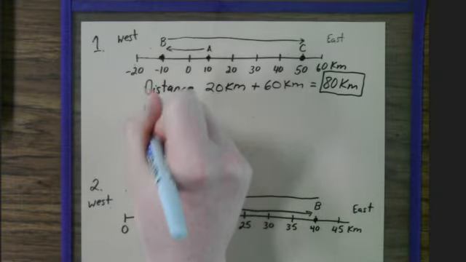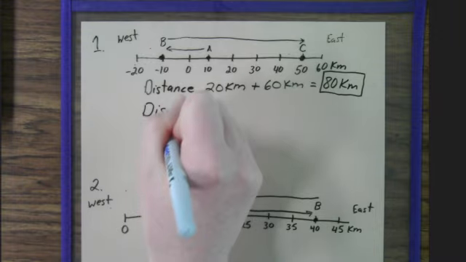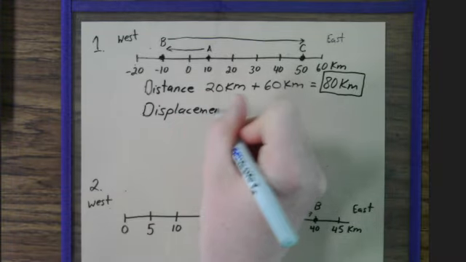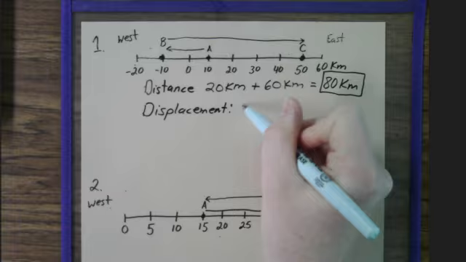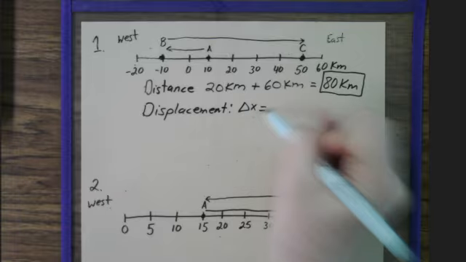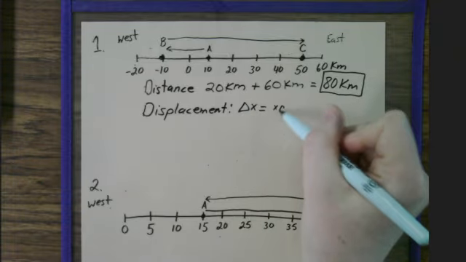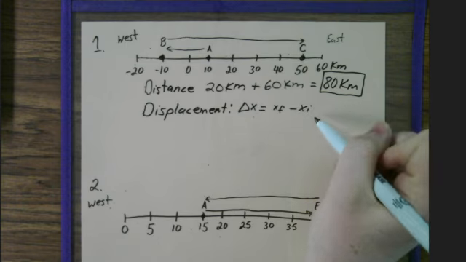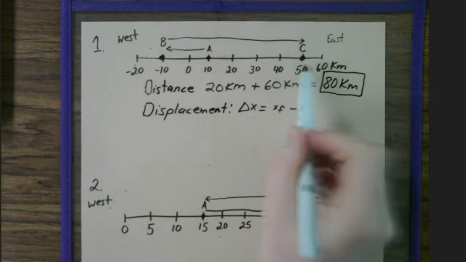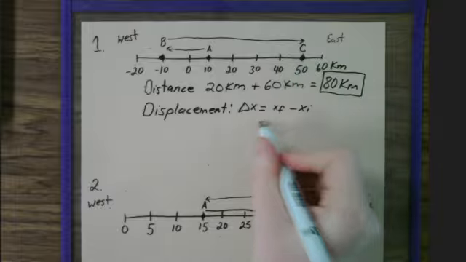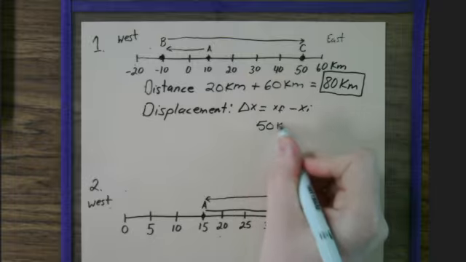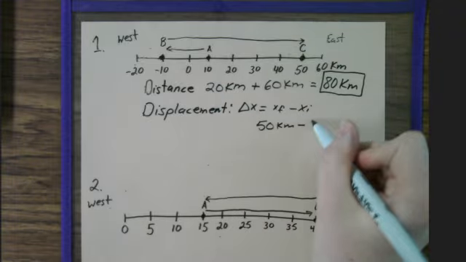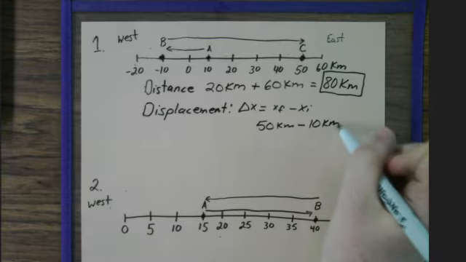And now for our displacement. Our displacement, first thing you're going to do is write your formula. Our formula is change in x is equal to xf, the final position, minus xi, our starting position. Our final position where we ended up is here at 50. So it would be 50 kilometers minus our starting position, which is at 10 kilometers.